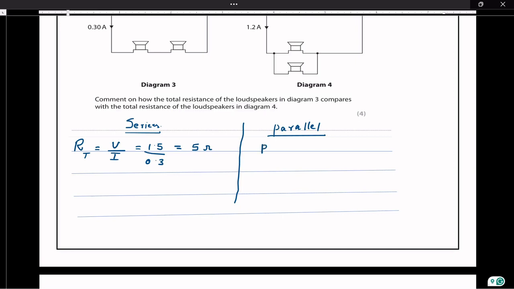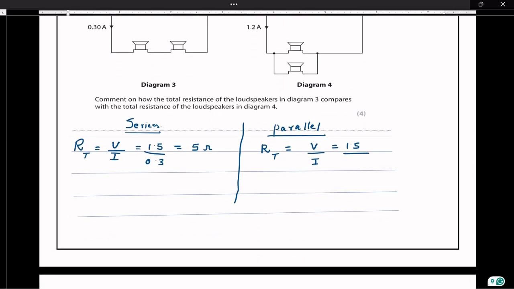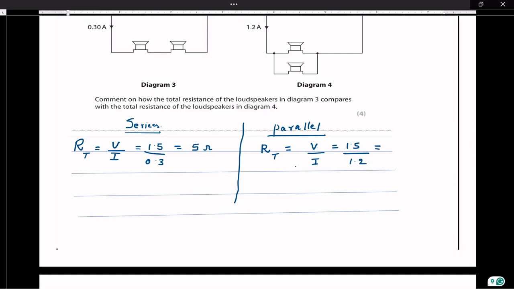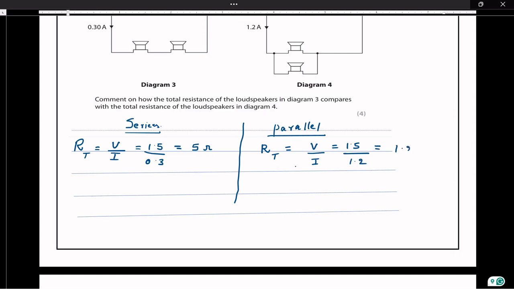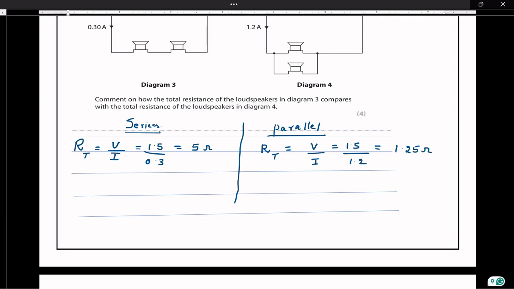Whereas in the parallel combination, the total resistance is V over I, which is 1.5 over current, which is 1.2 amperes here. So this gives a total resistance of 1.25 ohms.